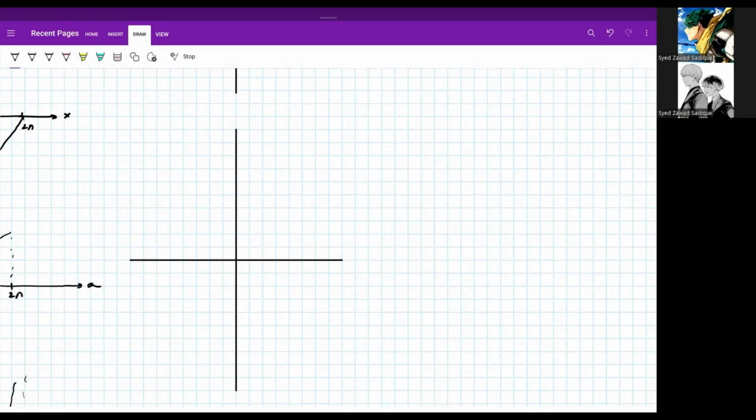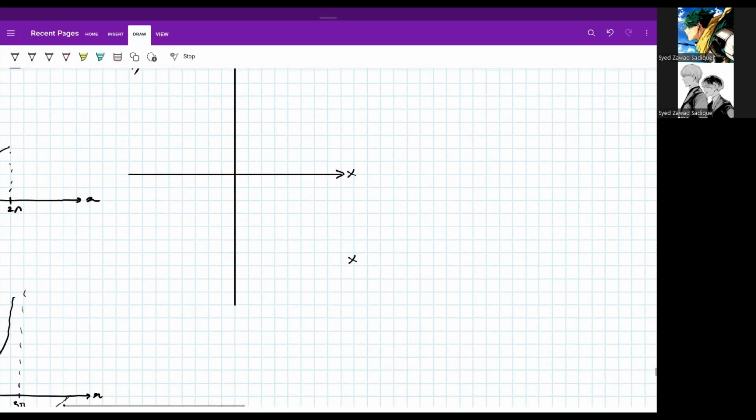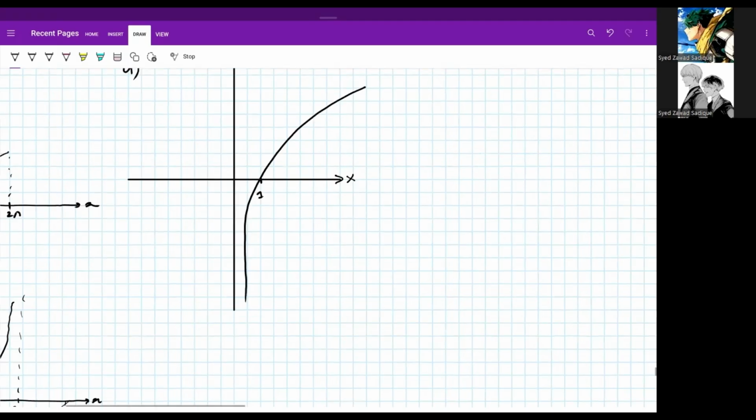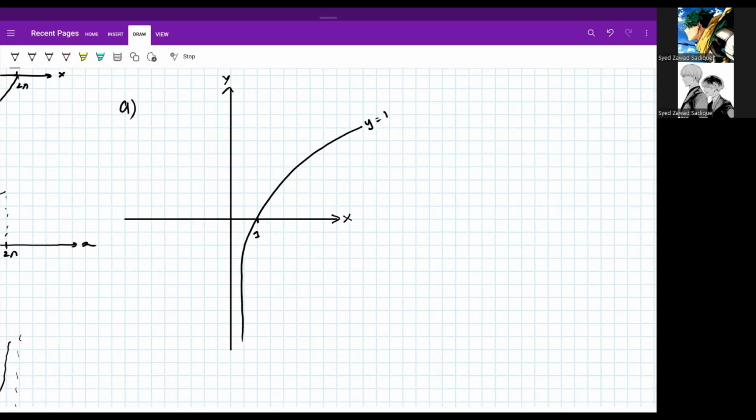This is number 9. Y, X. So this is 1. Okay, excuse me. This is Y is equals to log X.